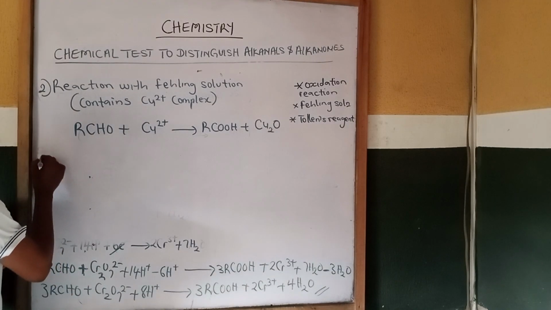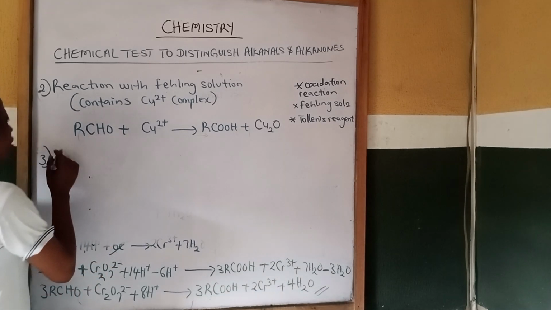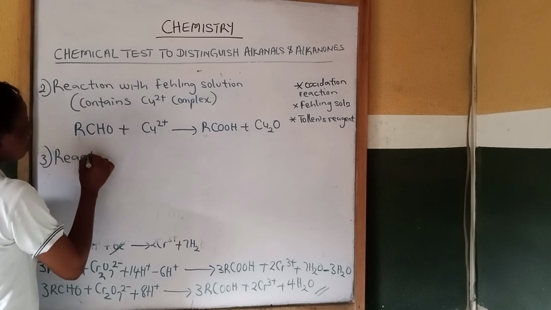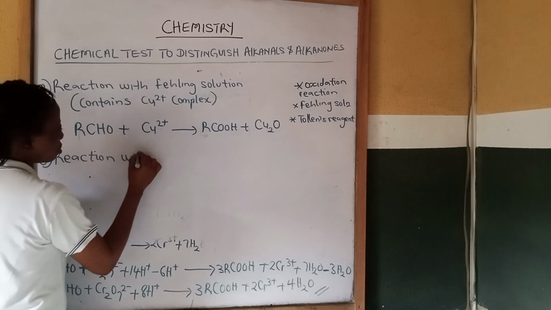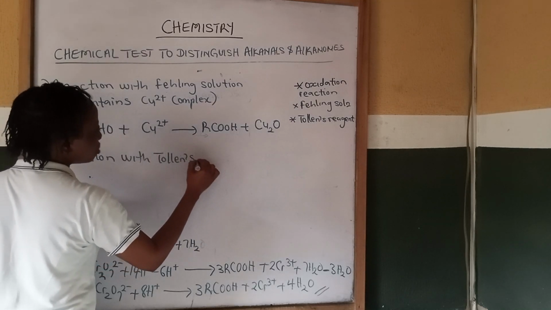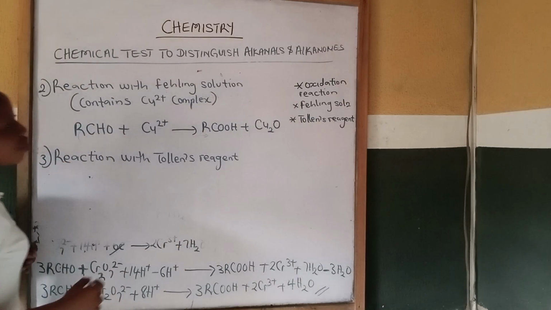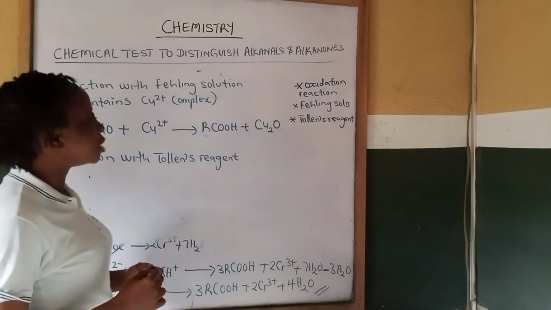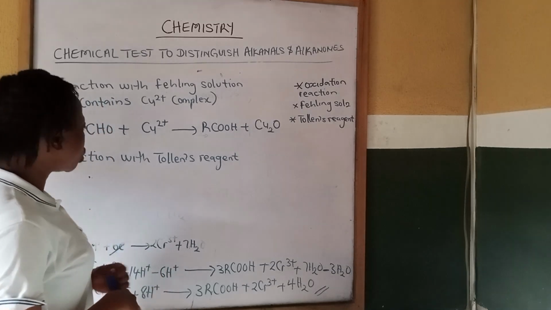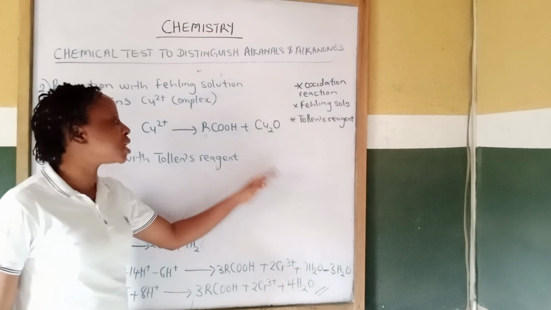So number 3 is reaction with what? Tollens reagent. Reaction with Tollens reagent. Then Tollens reagent is a constituent of sodium hydroxide, silver trioxonitrate 5, and ammonia.